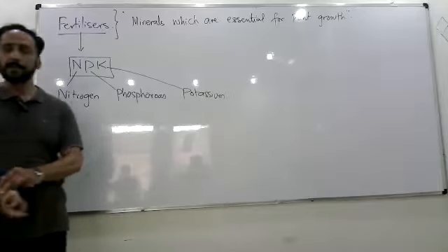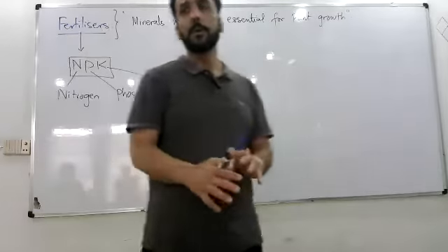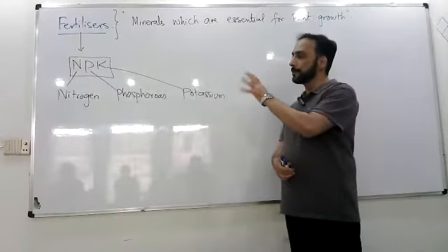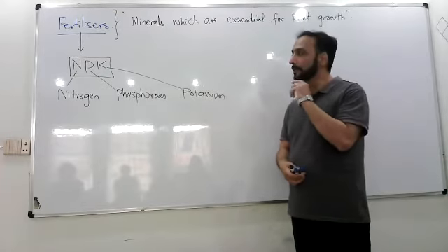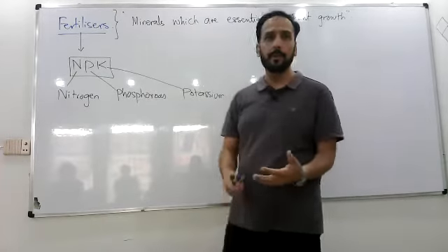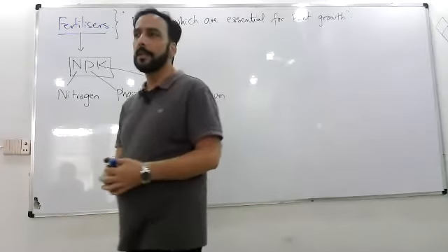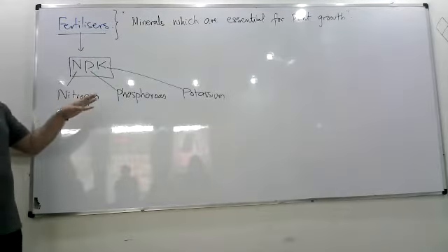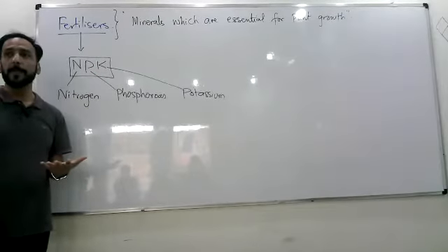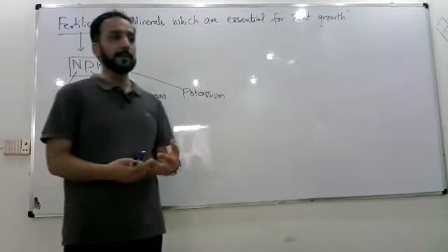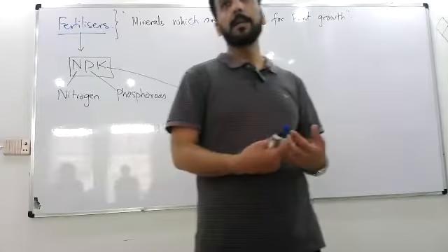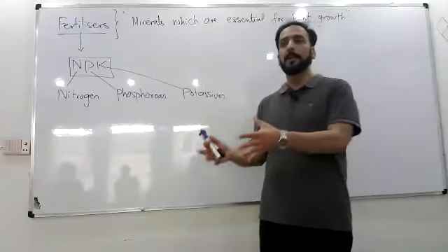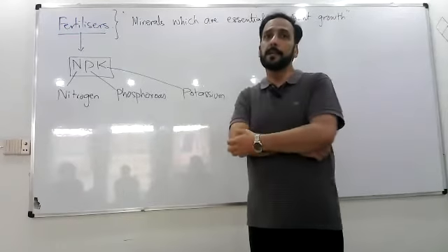NPK fertilizers. These are the ones which are used all over the world. Since 1950s, this urea was formed, and after that, the shortage of food or crops or wheat is no more there actually. If there is some shortage of wheat or food somewhere, that's not because of the lack of crops. It is because of lack of management. Like you're not able to provide the food in that place timely.